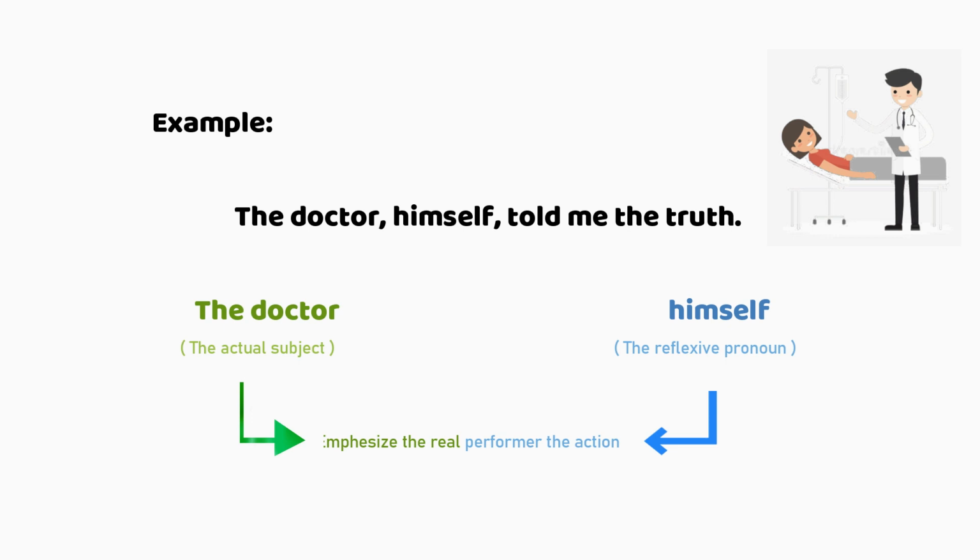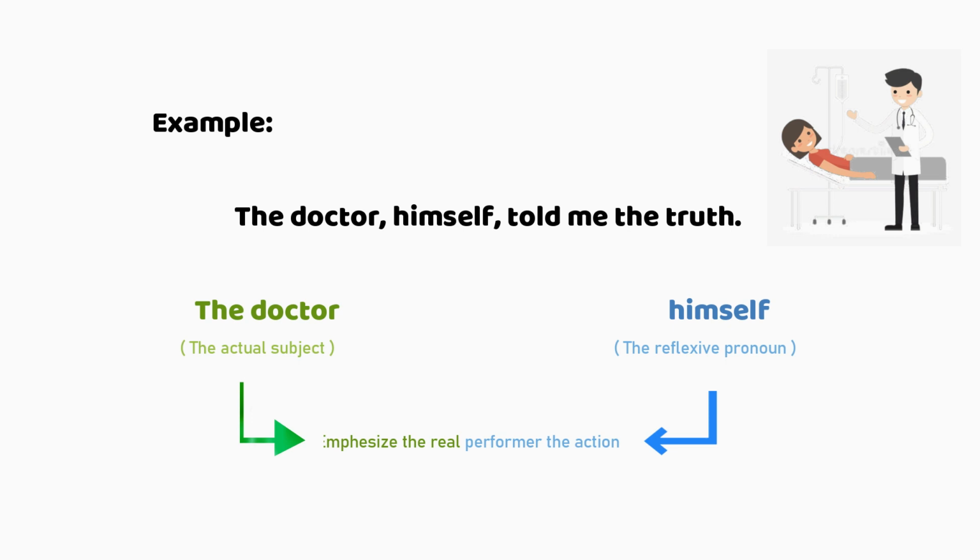The doctor here is the actual subject, the actual doer of the action of the sentence, and we have a reflexive pronoun, himself. We use it to emphasize or to show you that the doctor is the actual doer of the action of this sentence.